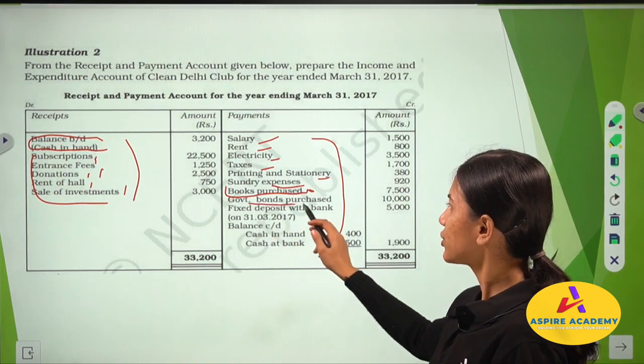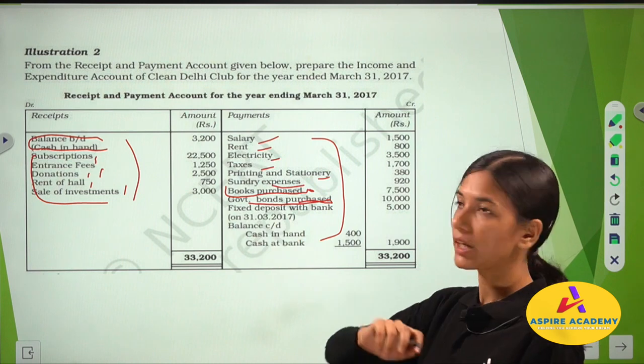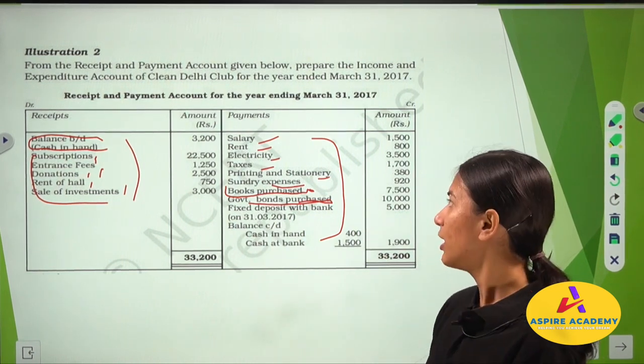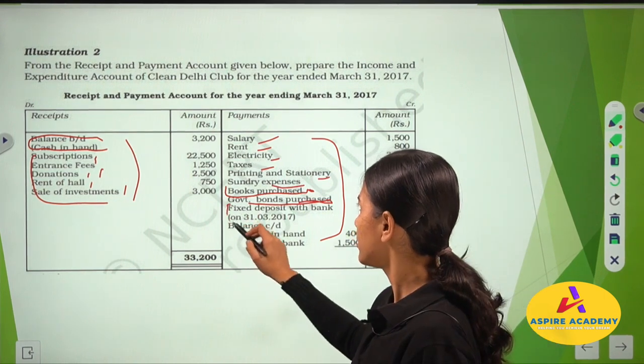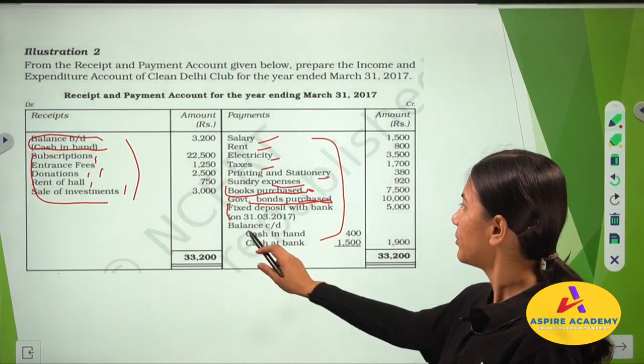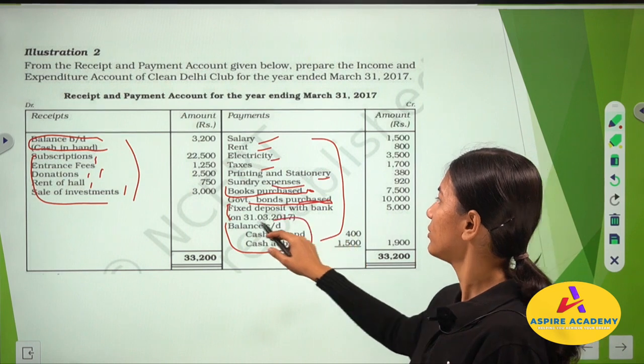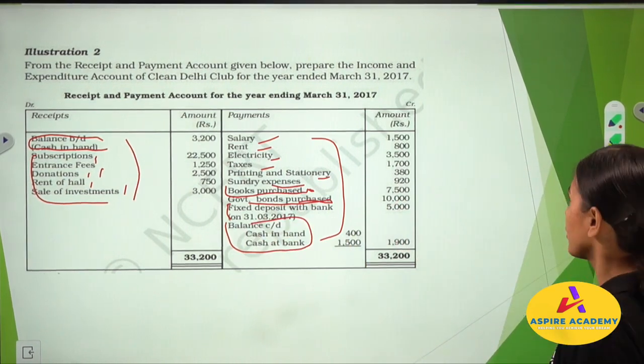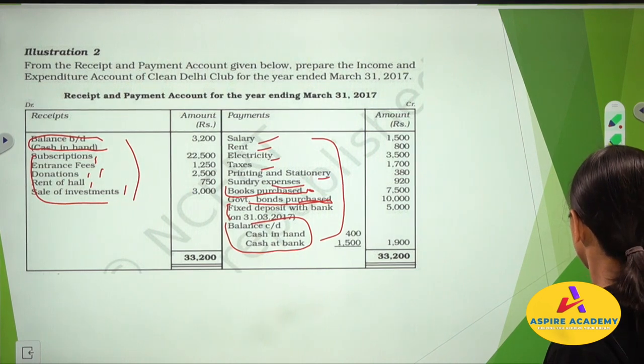Then the government bonds purchase is also of capital nature, so it will not be shown on the expenditure side. Then FD also, and the closing balance c/d will also be ignored. Using this we are going to prepare our income and expenditure account.